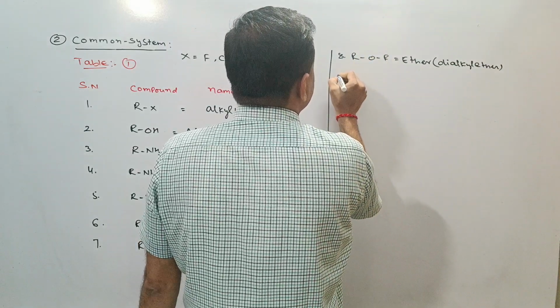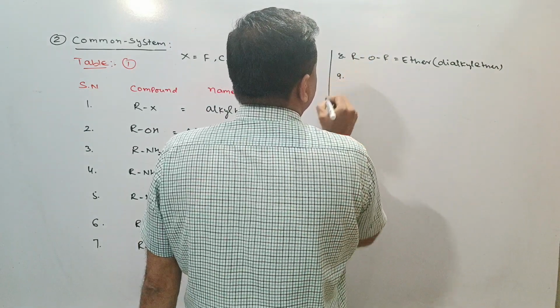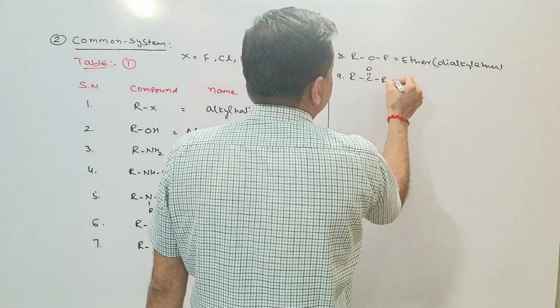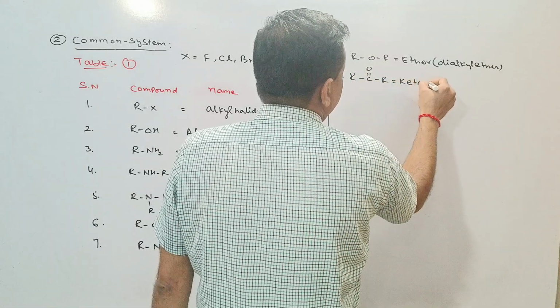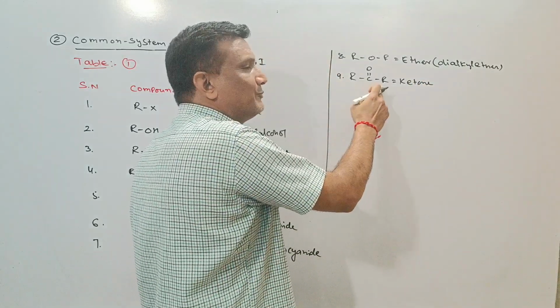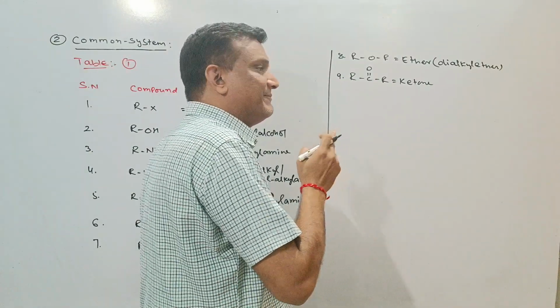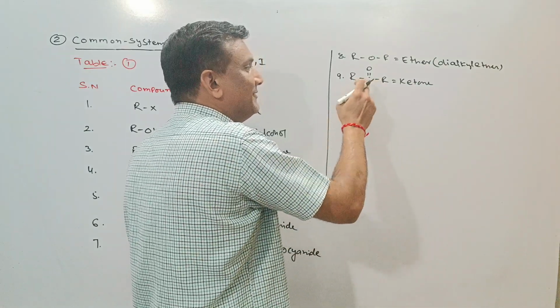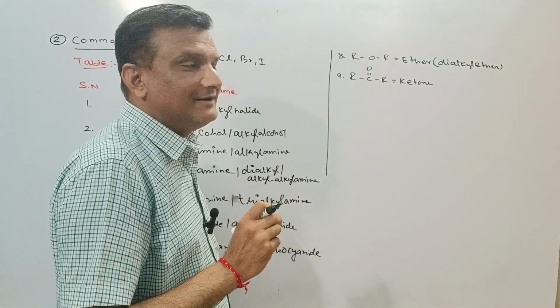Now the 9th is RCOR. This is called ketone. If both alkyl groups are same, then it will be dialkyl ketone, and if both alkyl groups are different, then it will be alkyl ketone.